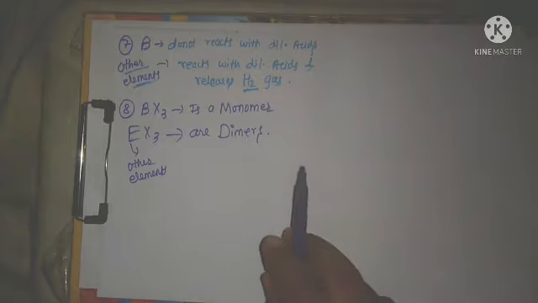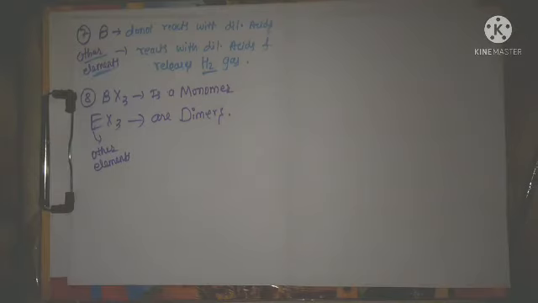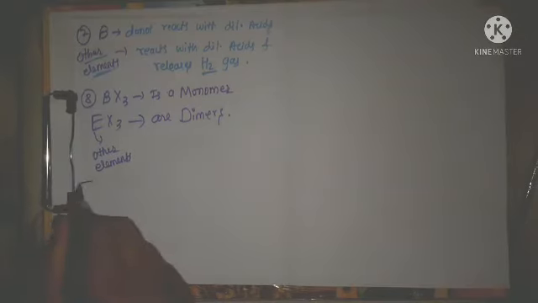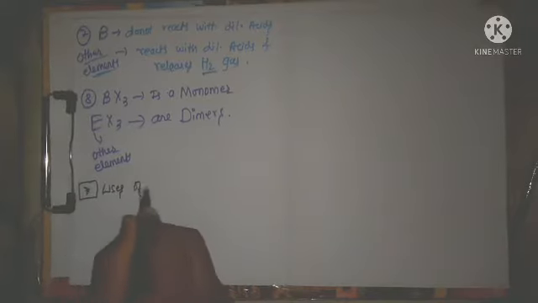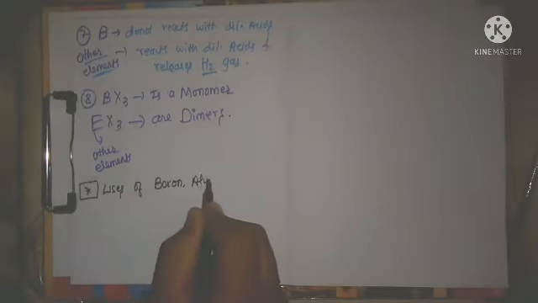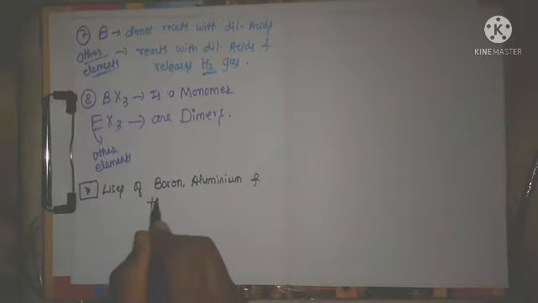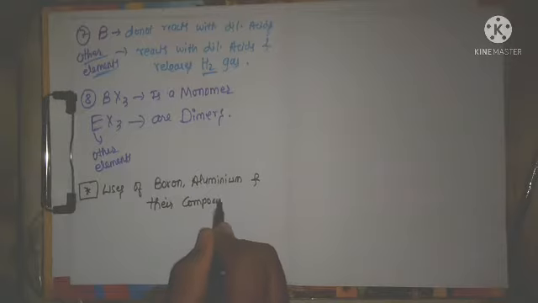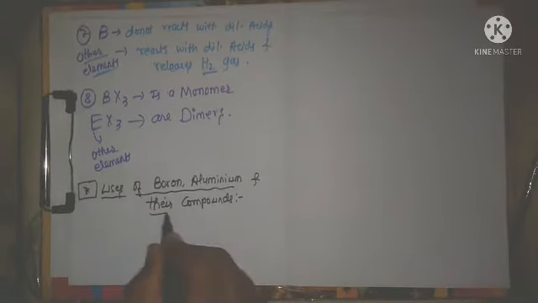Next we will go for another concept, that is uses of boron, aluminium and their compounds. Next we are going to discuss this concept, uses of boron, aluminium and their compounds.